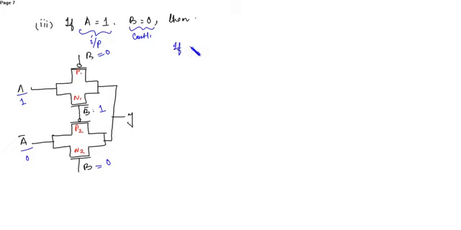So now if B is equal to 0, then 0 at P1, so P1 will turn on. At N1 you get 1, so N1 will also turn on.